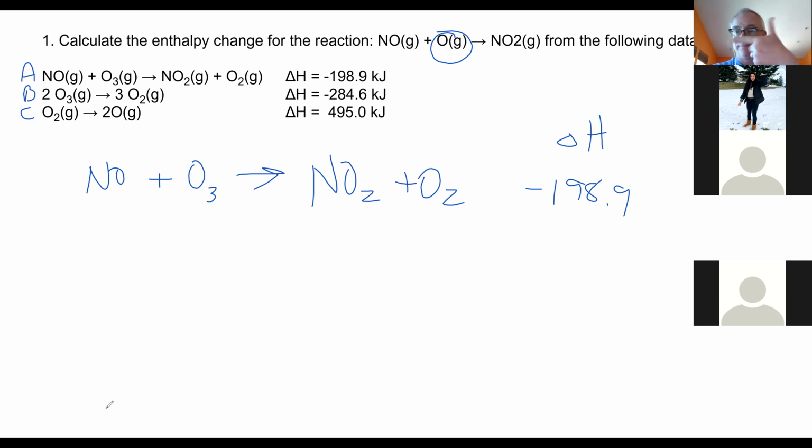So we're going to have to flip that. Not only are we going to have to flip that, it appears we're going to have to divide it by 2, because we only want 1 oxygen radical. We don't want 2. So let's reverse it and multiply it by half. So that would be O gives 1/2 O2. And what's going to be my delta H for that reaction?